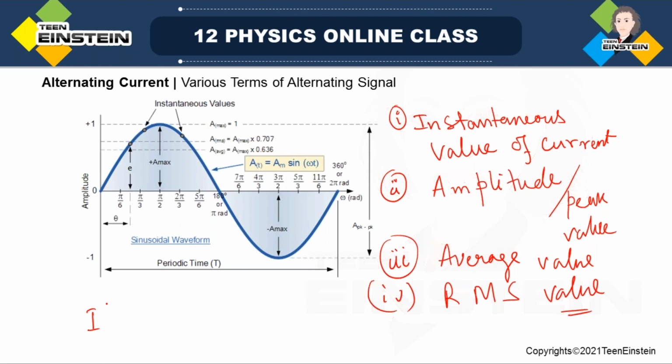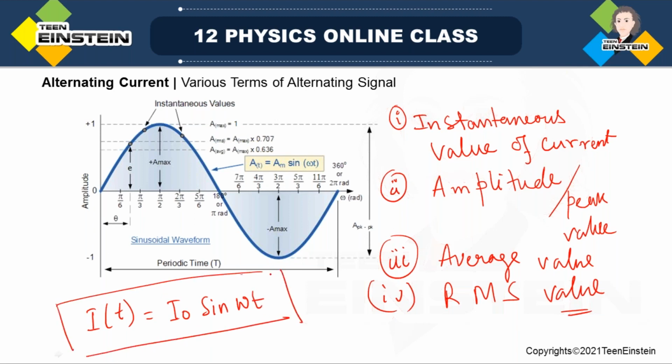I of t is equal to I0 sine of omega t. So this is the mathematical representation of AC signals or AC current over here. So whenever I write this kind of equation, you need to know which term is what.